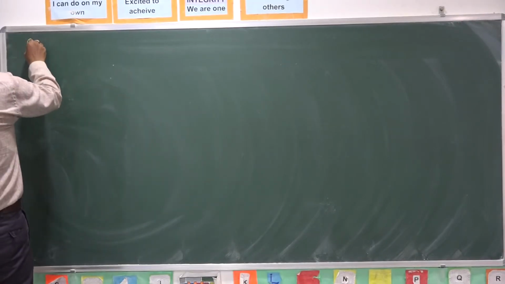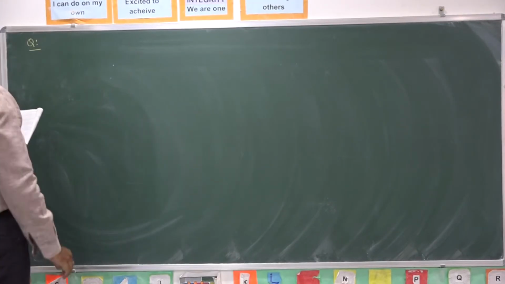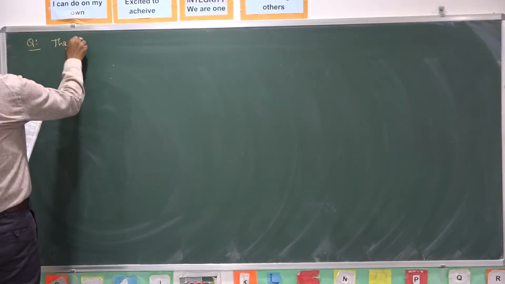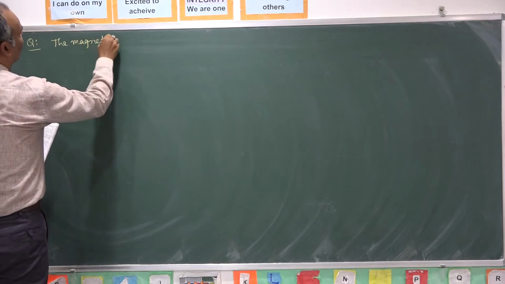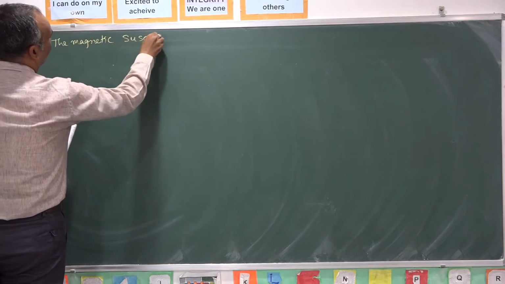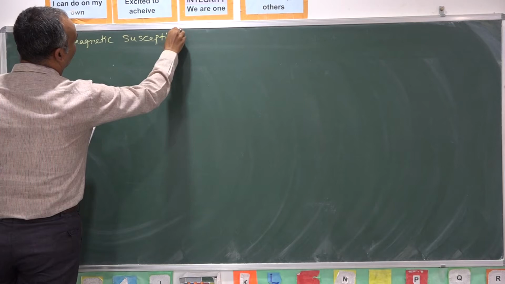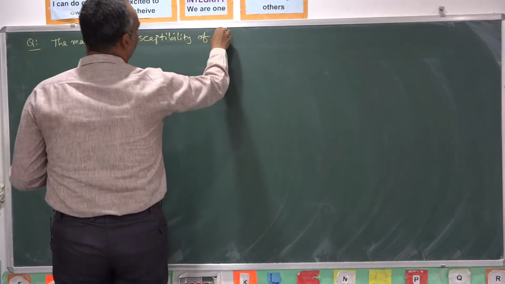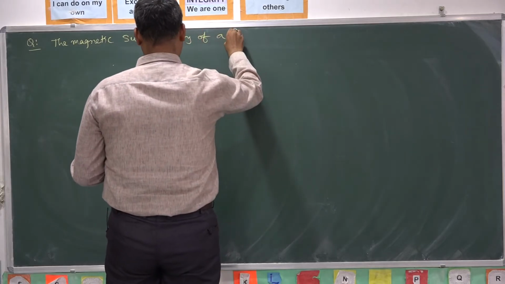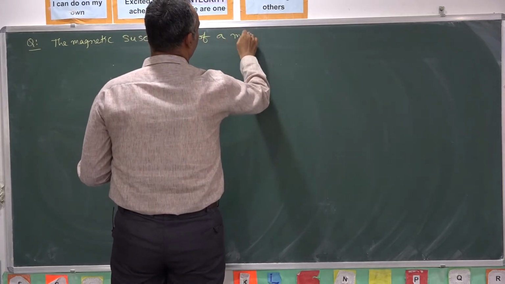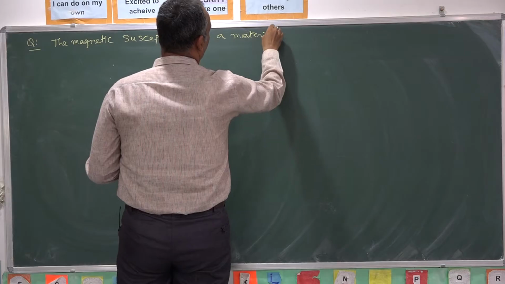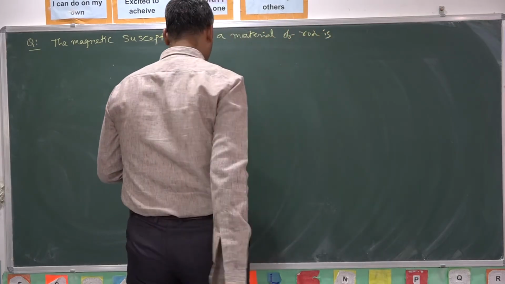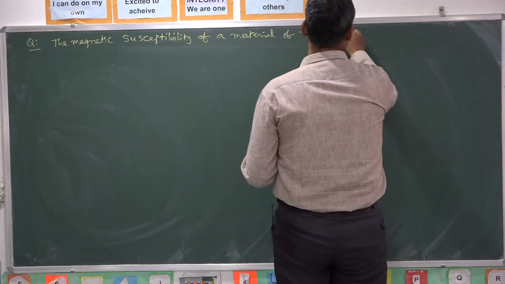The question says, the magnetic susceptibility of a material of a rod is 499.